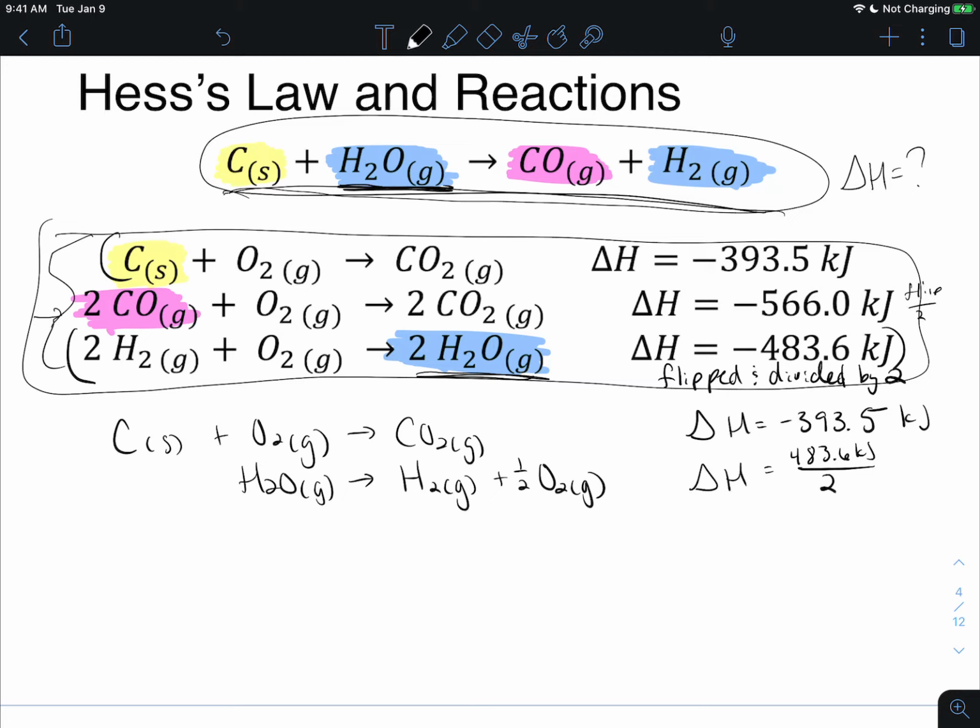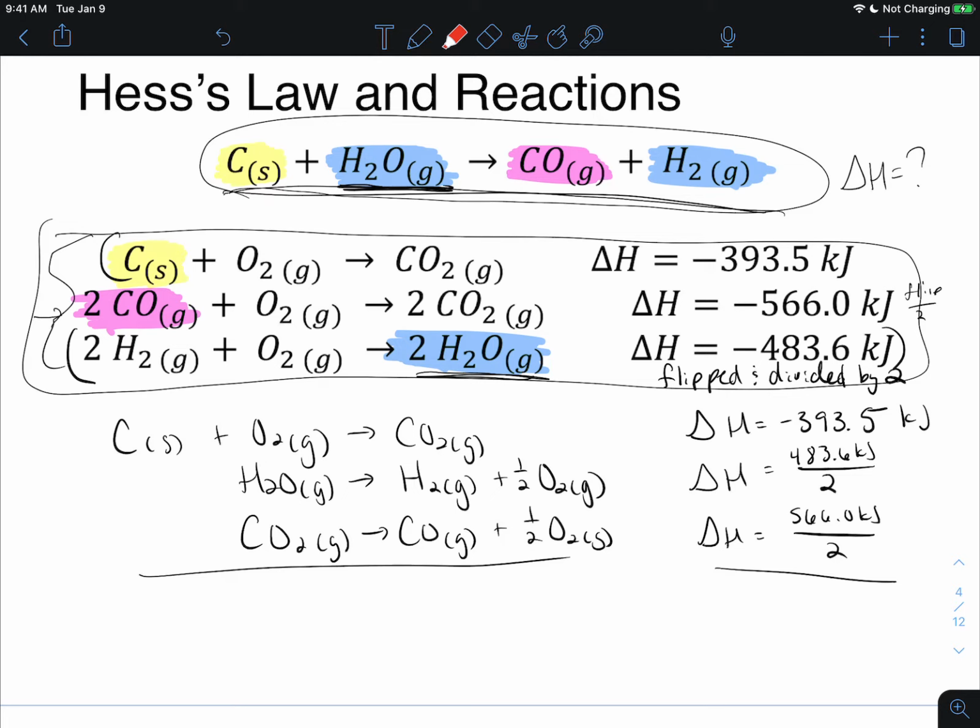Flipping and dividing by 2 gives us 1 CO2 gas, 1 molecule of CO gas, and a half a molecule of O2 gas. For our delta H, we're going to take the positive 566.0 kilojoules divided by 2.